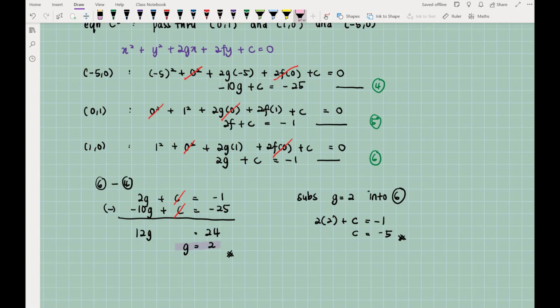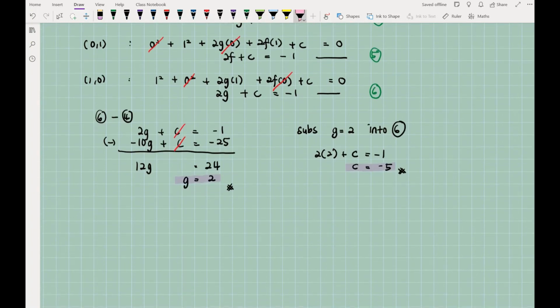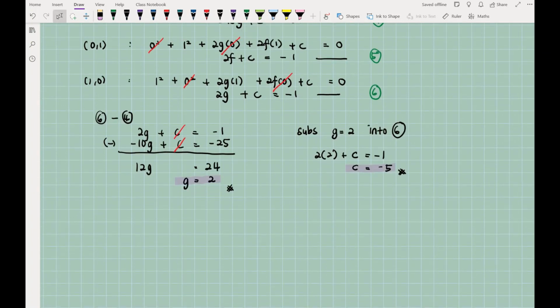Okay, so since I've already got the value for C, I can find F using the fifth equation, equation 5, yang mana I'm going to just substitute C is equal to negative 5 into equation 5. So equation 5 is 2F plus C, which is negative 5, is equal to negative 1. So 2F is equal to 4, hence F is equal to 2.